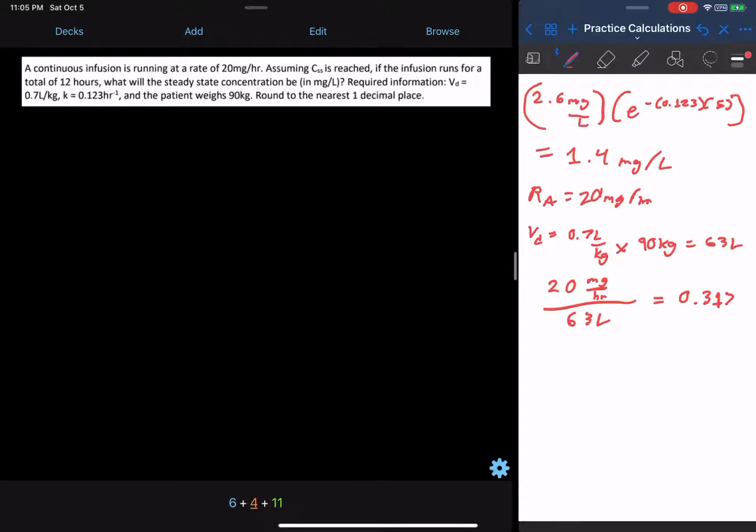If the infusion runs for 12 hours. Let's try this. So, 1, 2, 3 times 12 hours.